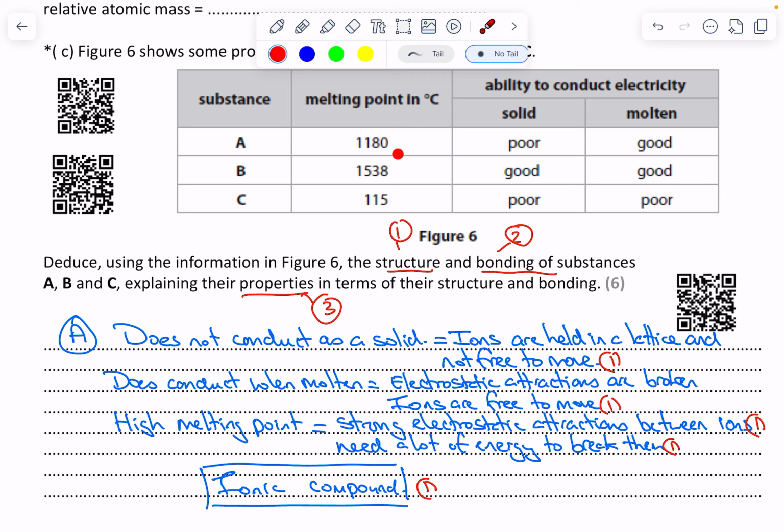Melting point is high, and the reason the melting point is high is because there are strong electrostatic attractions between the ions and they need a lot of energy to break. So therefore this structure is an ionic compound. Each of these marks here is 1 mark towards the total points for this question.